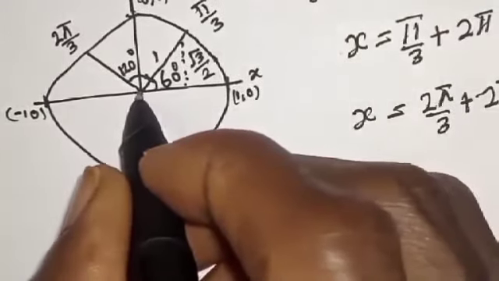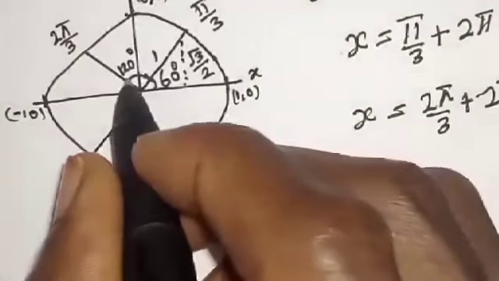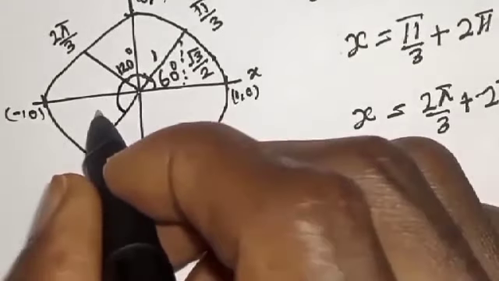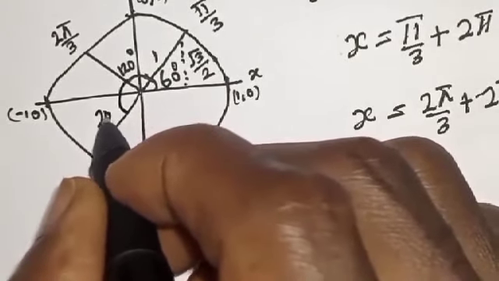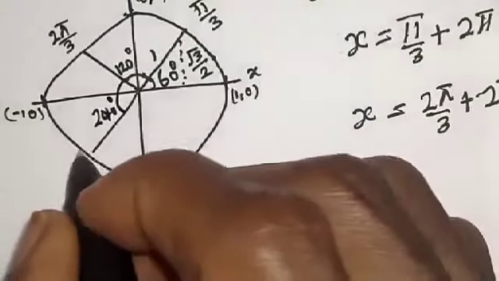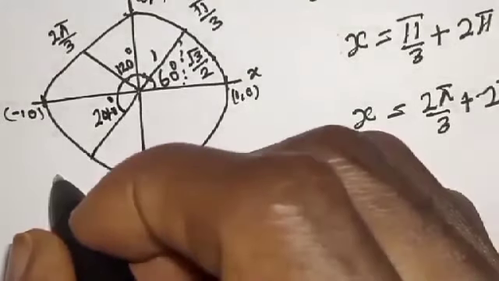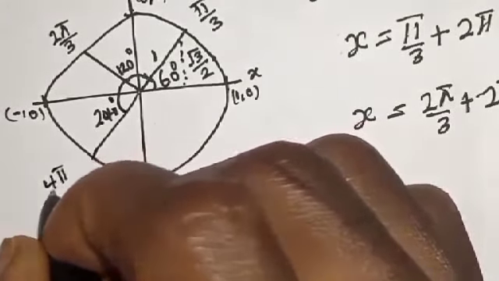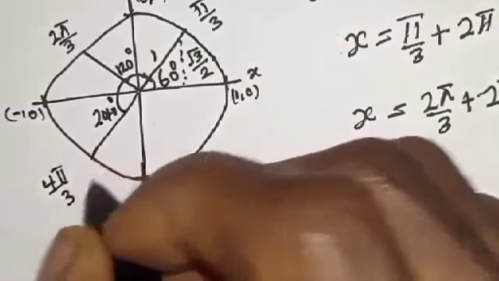Then from here, we have this. Here is 180 plus 60. So, 180 plus 60 is 240. 240 degree. So, this is 4 pi over 3.